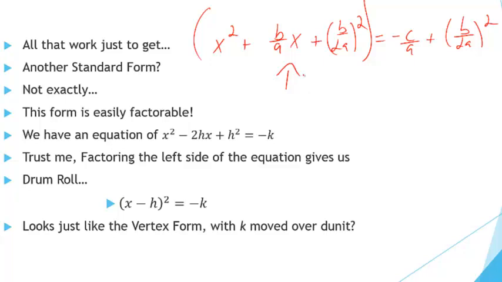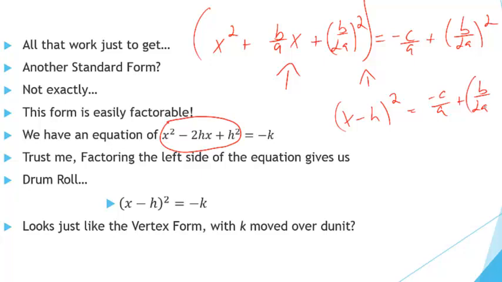Just trust me, when we have an equation of x squared minus 2hx plus h squared equals negative k, this portion right here factors to x minus h squared. So whenever we get this equation, it's going to factor to x minus h squared equals negative c divided by a plus b divided by 2a squared.